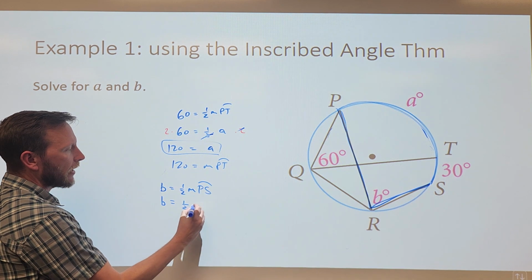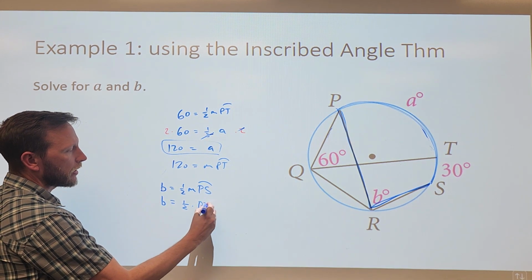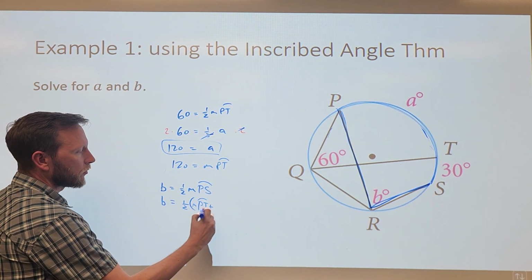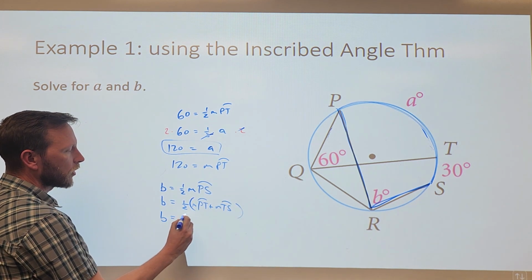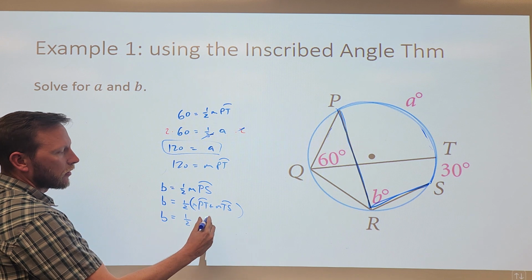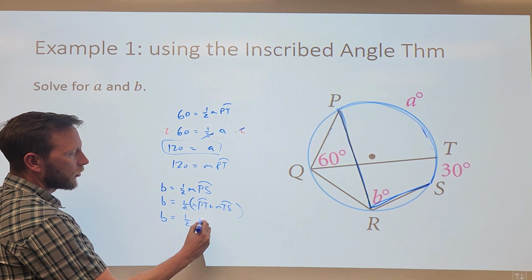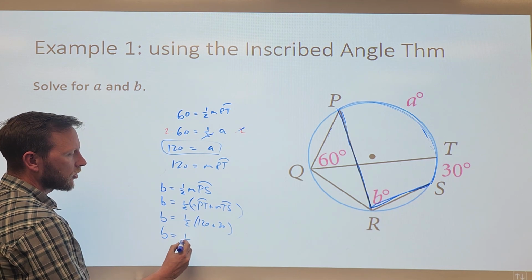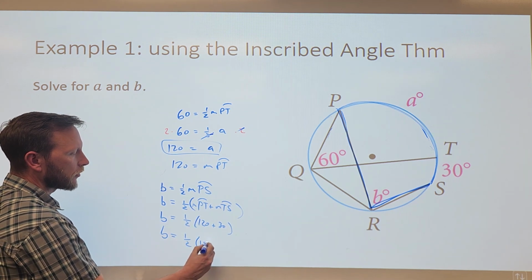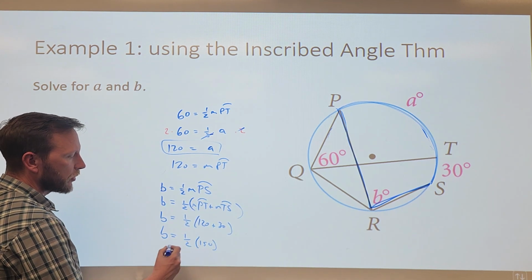B is going to be half the measure of arc PT plus the measure of arc TS. And so I'm doing a little bit of addition. I've got the 120 degrees plus the 30 degrees. And so B is going to be half of 150 degrees. So that means that B is equal to 75.